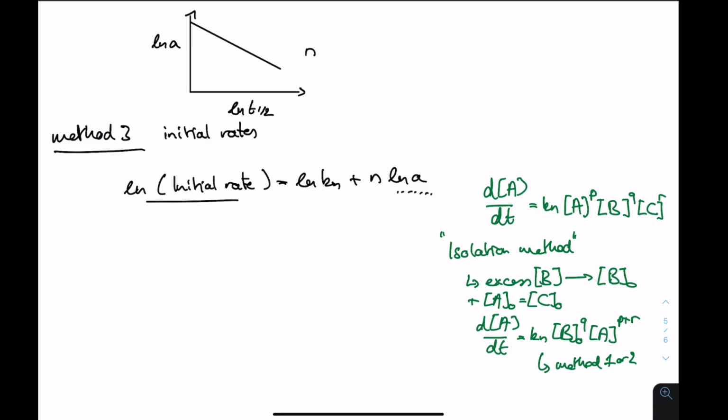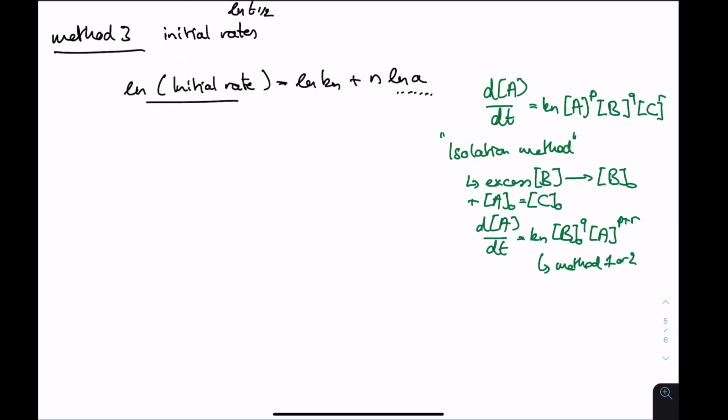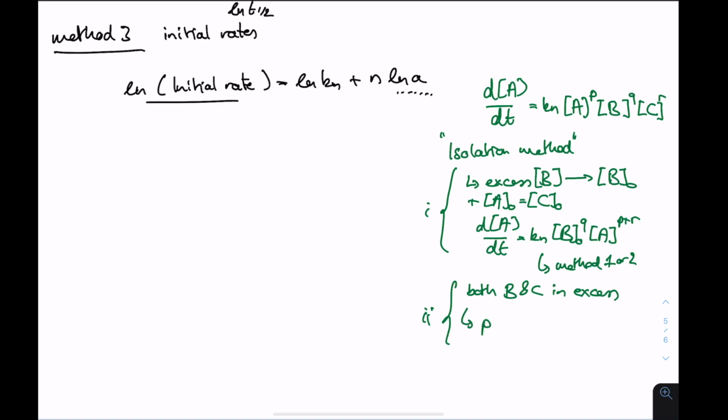If we would do, let's say, a second type of experiments where we put both B and C in excess, right? Then the reaction will become Pth order.